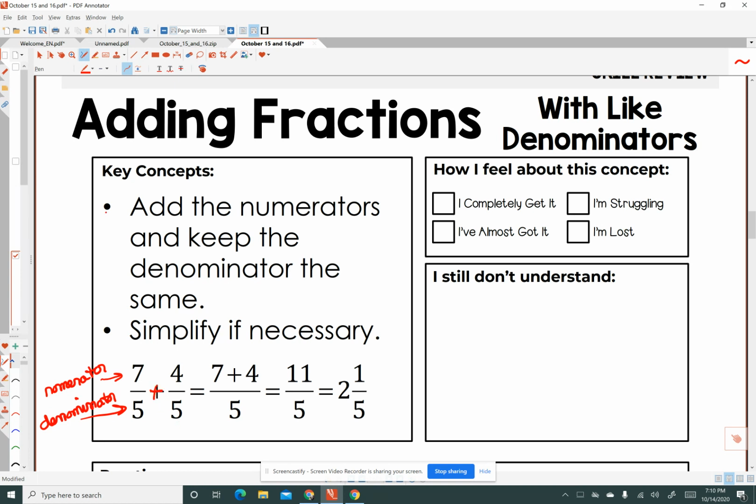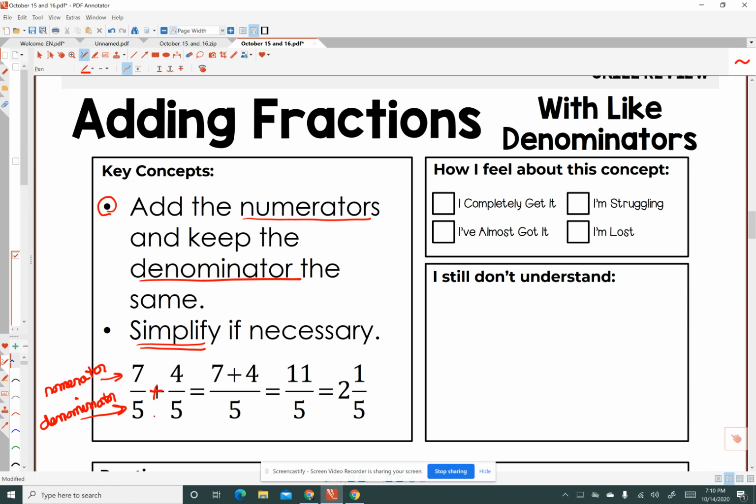The instructions tell us first to add the numerators and keep the denominator the same. And then if necessary, simplify. If we simplify, we make our fraction in the most reduced form, okay?